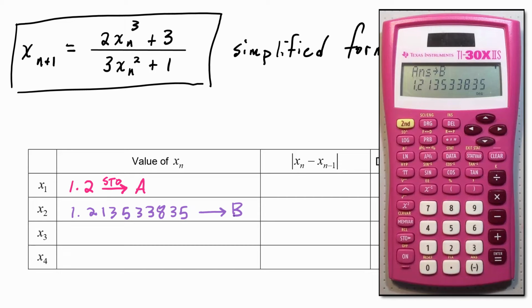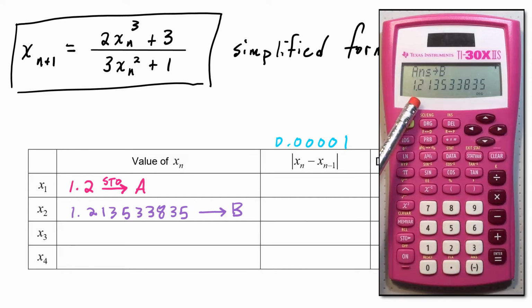Now what we want to find out is if the difference between x2 and x1 is within our accuracy that we said we had to have. And remember, the accuracy was 0.00001. So it's pretty easy to see that this and subtracting this isn't going to be that close, but what I want you to do is do that calculation, and it's a really easy thing to do.